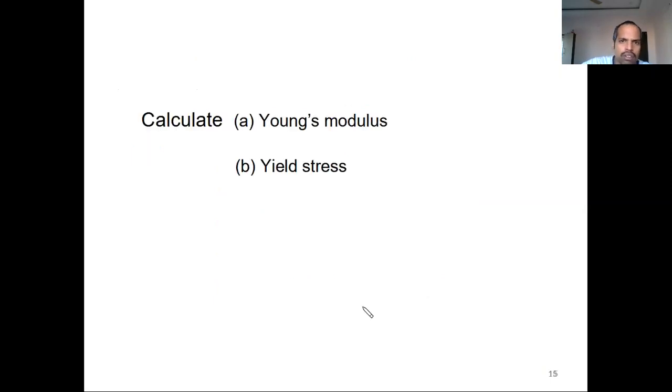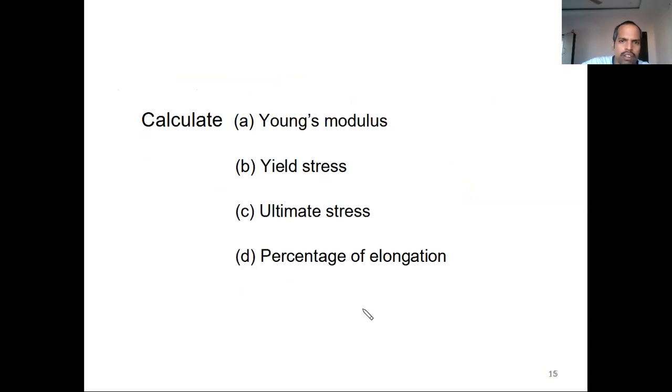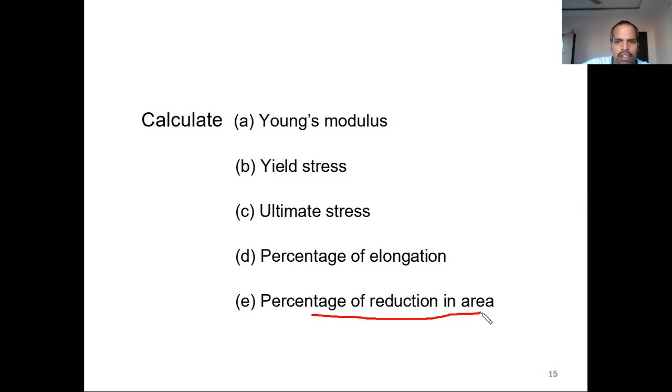Calculate Young's modulus, yield stress, ultimate stress, percentage elongation of the member and percentage reduction in area. The reduced diameter is given to calculate the percentage reduction in area. Percentage elongation uses the total elongation: compared to our initial length, how much elongation took place.